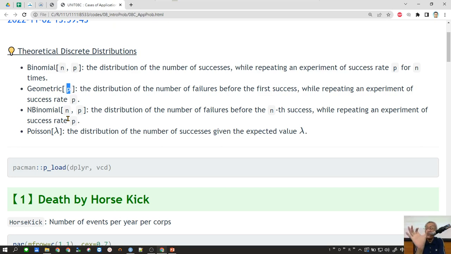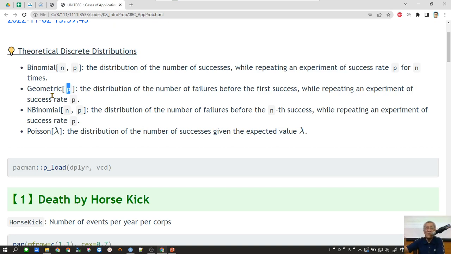So the number of failures before you get that first success follows the geometric distribution.